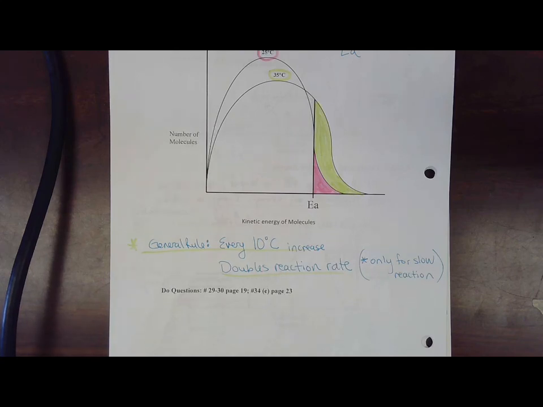There is an asymptote or a limit that can be reached. Okay, so the limit of how fast a reaction can happen is going to happen, and then the doubling of the temperature or doubling of the concentration will not double the rate anymore. But if it's already a slow reaction, a general rule is you can double the rate by increasing the temperature 10 degrees.